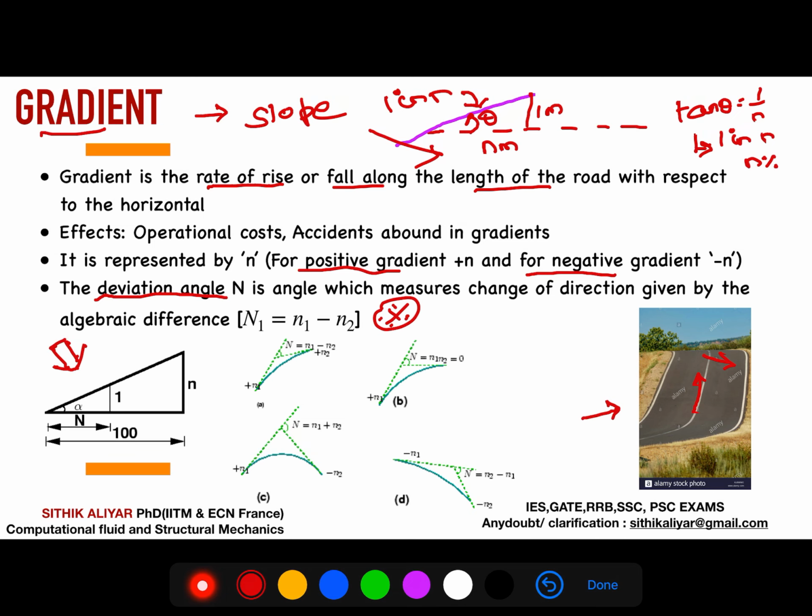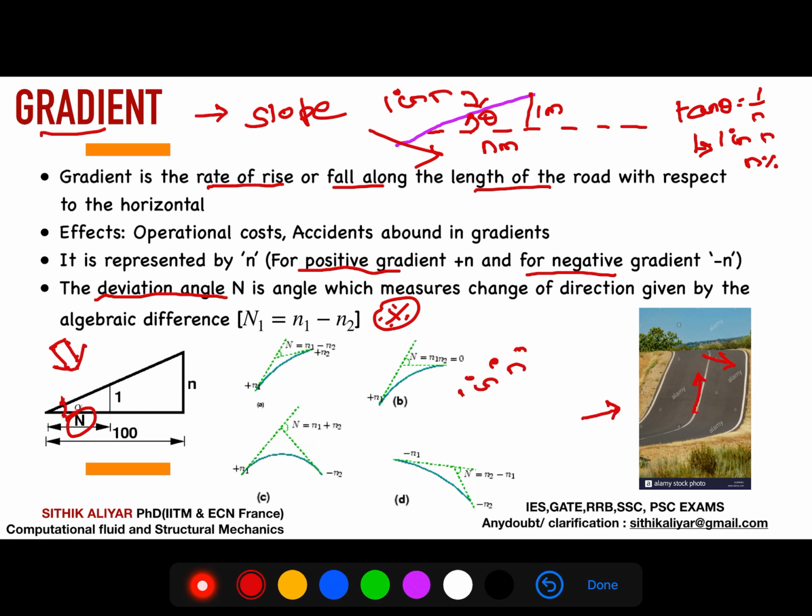For n percentage, n by 100 is the slope of your curve. This is the alpha. Try to remember only this: the gradient is a rate of rise or rate of fall, mentioned in terms of 1 in n. Let it be small n for now, don't get confused. We will see in a coming topic how this deviation angle will influence us.